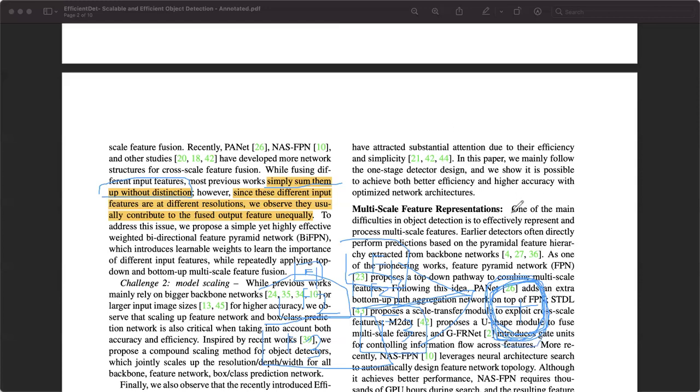Another common one would be concatenation, which is not mentioned in the related work in this paper, but it's also a common one. Basically, we can stack these features in some dimension. You can define which dimension to stack, and then concatenate them. This is another way to fuse those features.